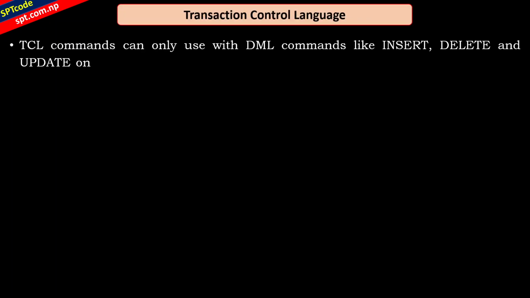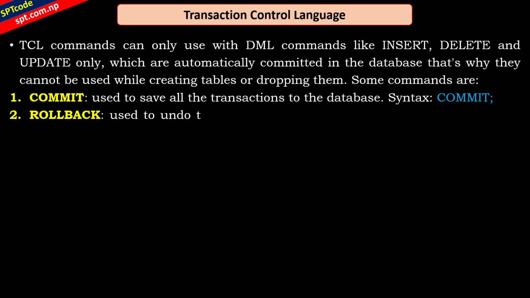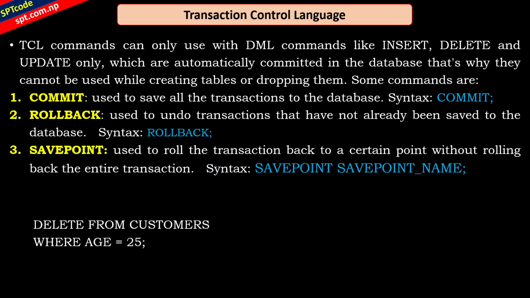Then there is transaction control language. Suppose you have given access to other users to modify, and after the modification you want to decide whether to save the changes or not. For that purpose we normally use it.